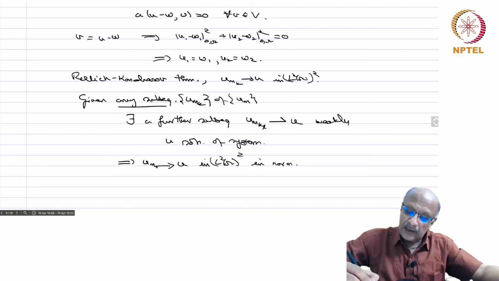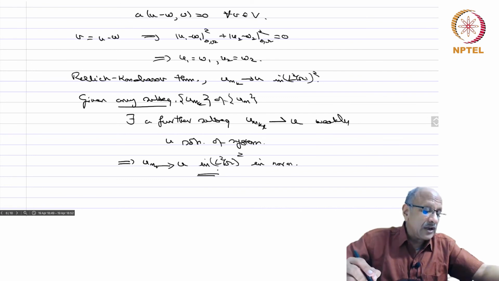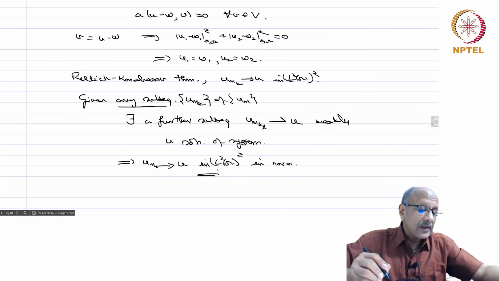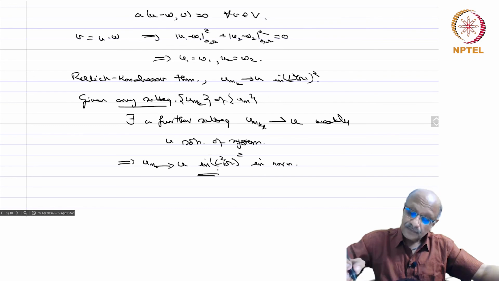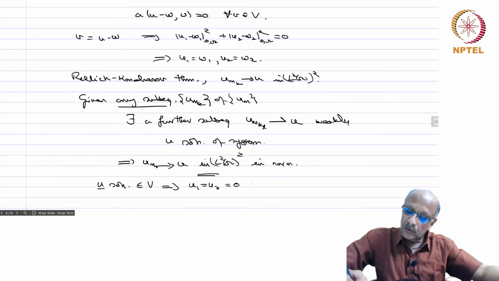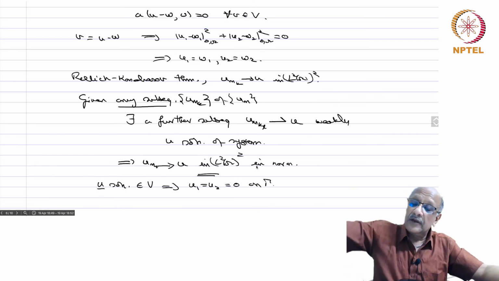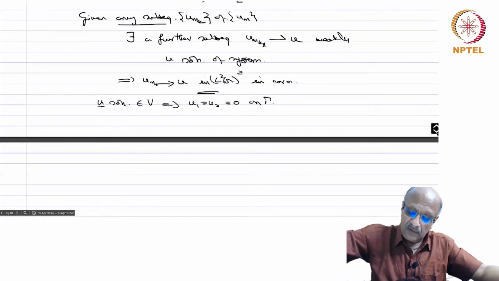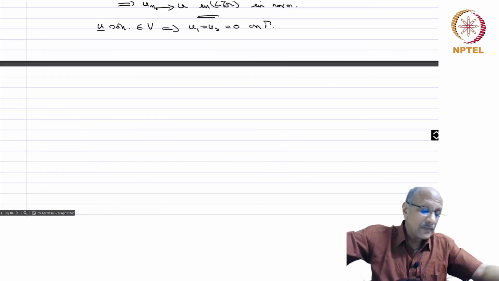So now let us interpret the differential equation as a boundary value problem. So the solution U belongs to V. So this implies that u1 equal to u2 equal to 0 on gamma. So this is the boundary condition which is built into the vector space. Okay.